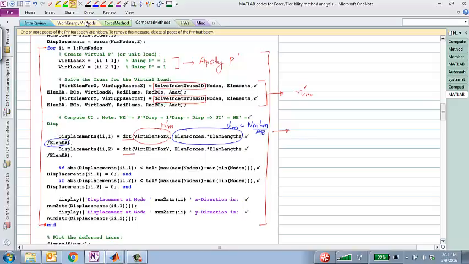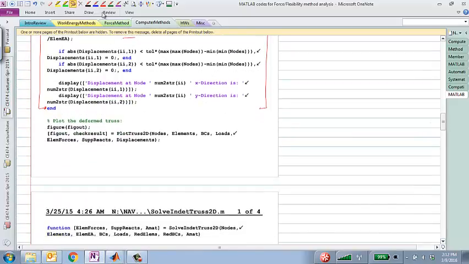So that's again doing the virtual work method to calculate displacements at each one of the nodes of the indeterminate truss. Once you have those displacements, just plot them. So that's out here, plot displacements. Question? No?